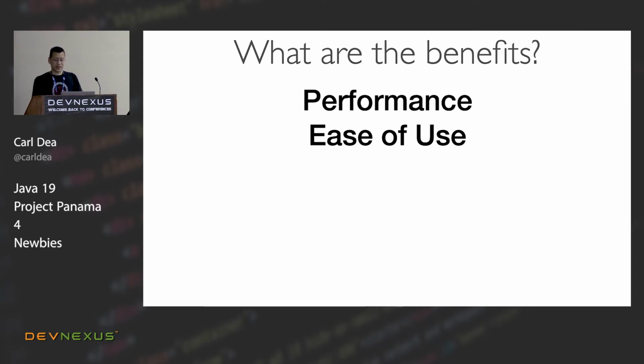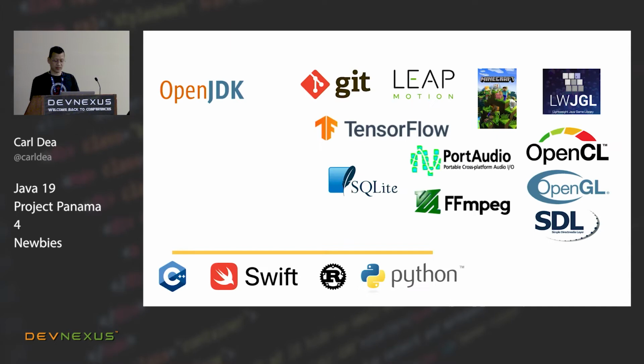And ease of use, which we'll find out about later, because there is low-level code that you'll see, and then there's a new tool that they created that alleviates a lot of that work.